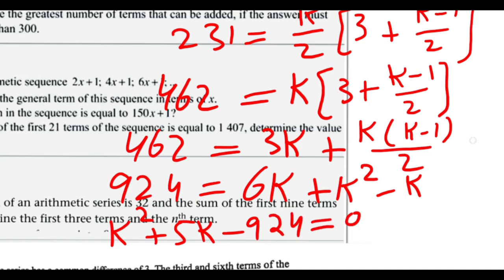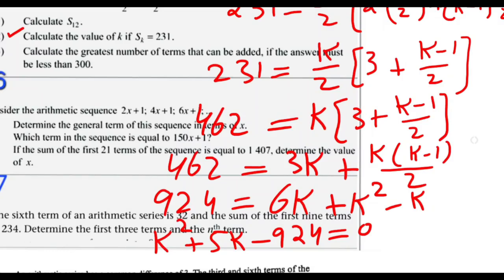Now we're going to factor the quadratic equation. Find two numbers that multiply to negative 924 and add up to 5. These numbers are, we can use the calculator, 33 and negative 28. Two numbers we have.